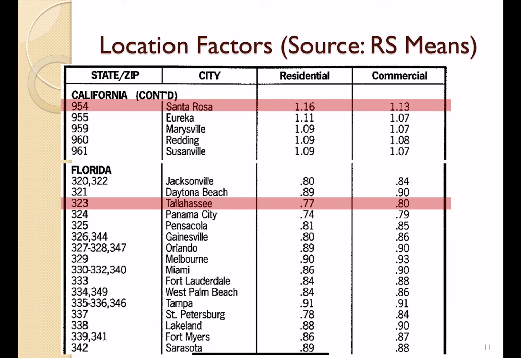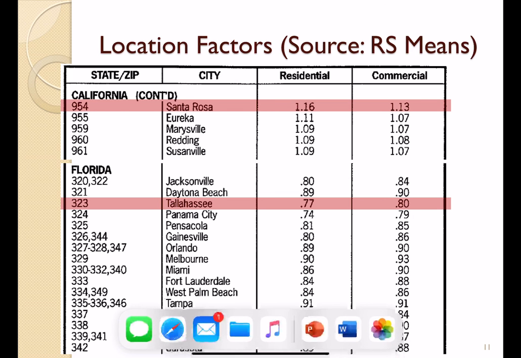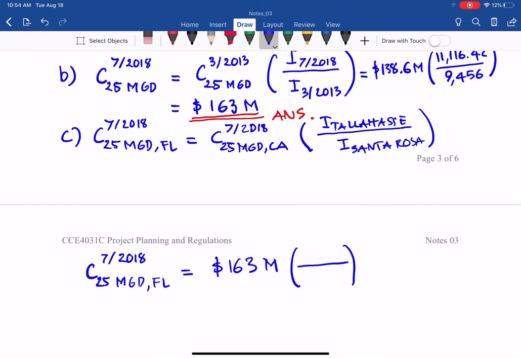So we have to accommodate the location factor, moving the project from Santa Rosa at 1.13 to Tallahassee at 0.8. Again, this reference is available on Canvas and on the exam reference. So Tallahassee is 0.80 and Santa Rosa is 1.13, and you go to the very last slide, slide number 11, to get that reference.